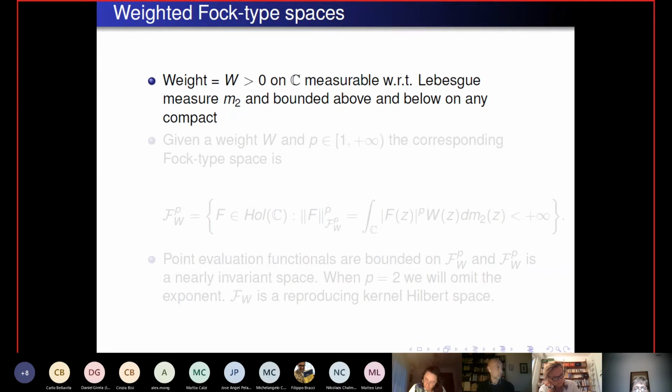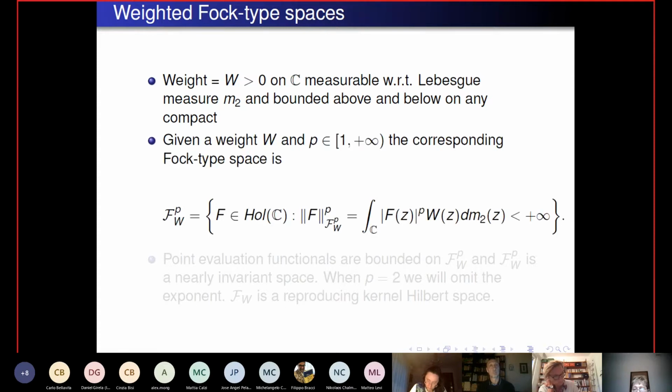This is not really a restriction, because if you have a weight that gives you a space of analytic functions, then you can take the space to be entire functions in the weighted LP space.